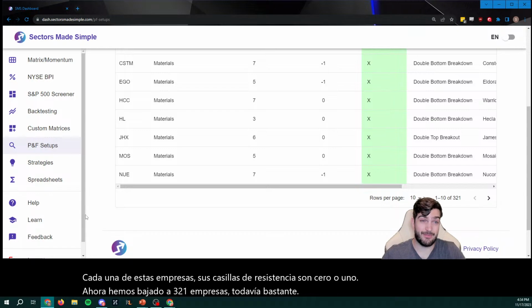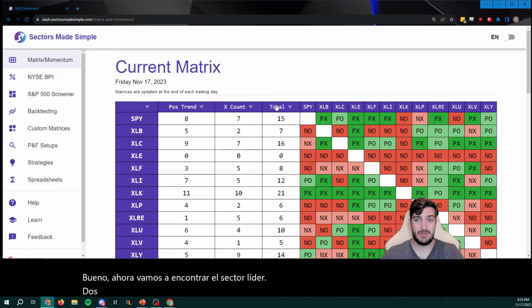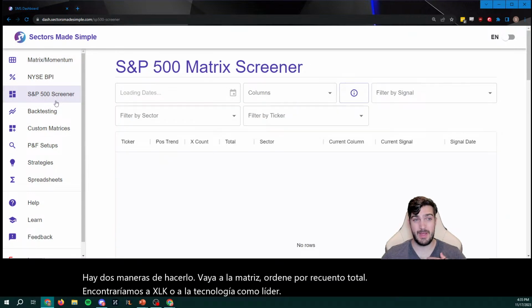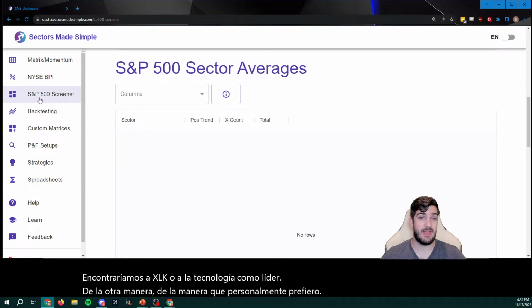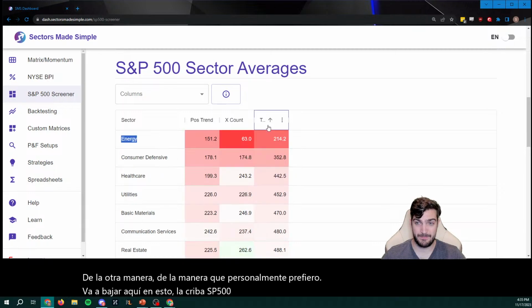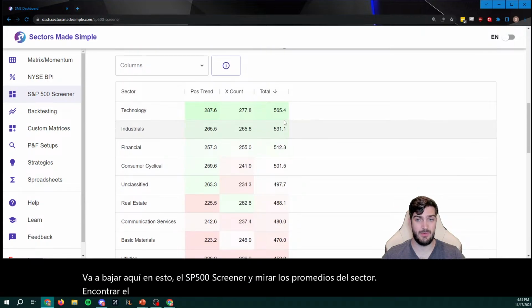Well, now let's find the leading sector. 2 ways we can do this. Go to the matrix, sort by total count. We would find XLK, or technology, is the leader. The other way, the way that I personally prefer, is going down here on the S&P 500 screener and looking at the sector averages, finding the sector that has the highest average value.